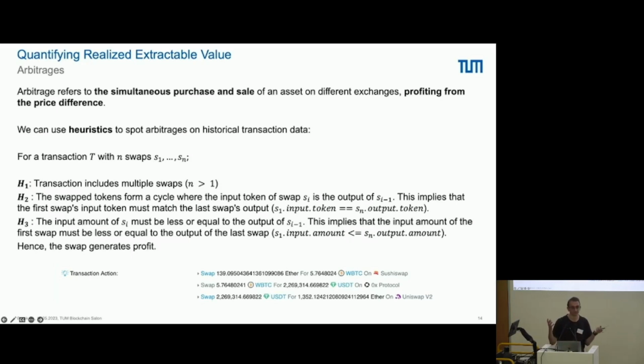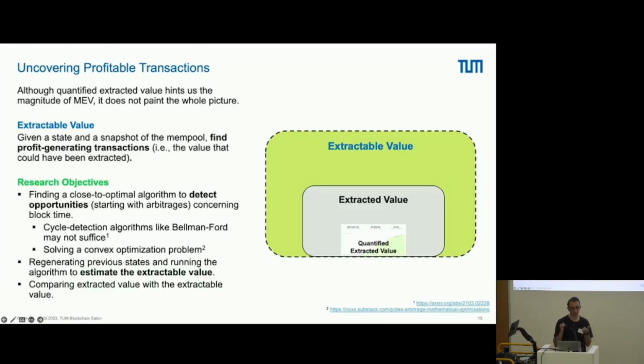And of course, this doesn't cover the whole picture. That's the difference between the extracted value and the quantified extracted value. But at least this gives us an intuition about how much arbitrage exists. But as I said, quantifying the existing value doesn't cover the whole picture, because there is an extractable value which was maybe extracted, maybe not.